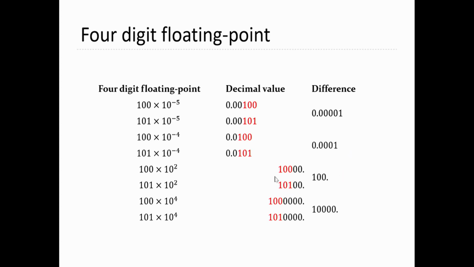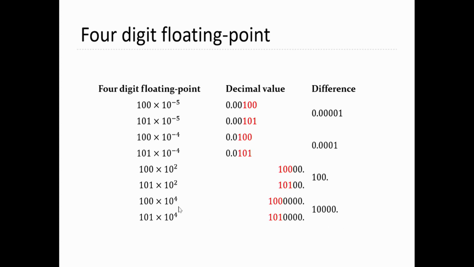If you keep on going, 100 times 10 to the 2, well, that's 10,000. What's the next largest value? Well, it's 10,100. The difference between floating point values is 100. I can't write down 10,001 with this representation. I can't write down 10,002. I can't write down 10,099. And so on and so on.